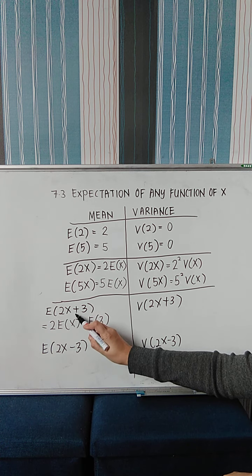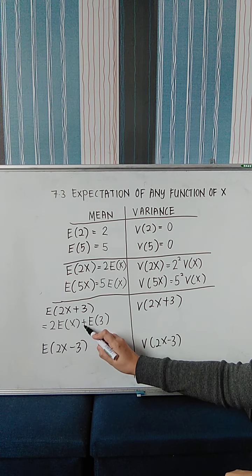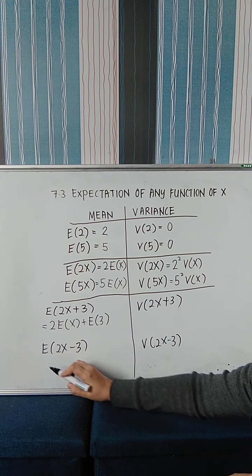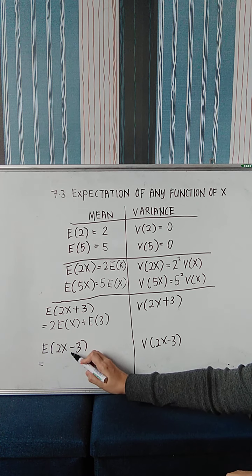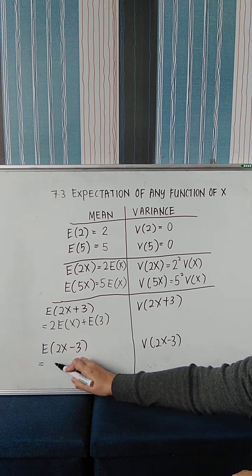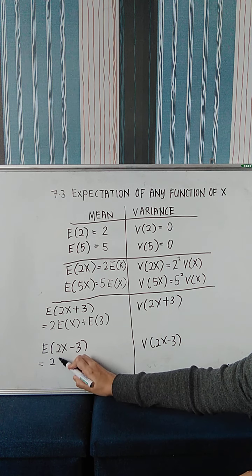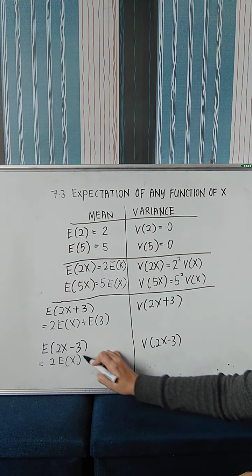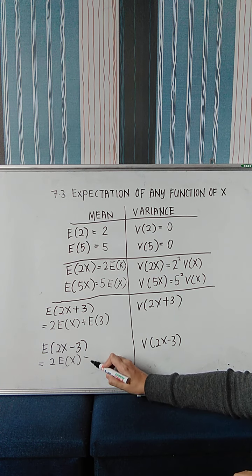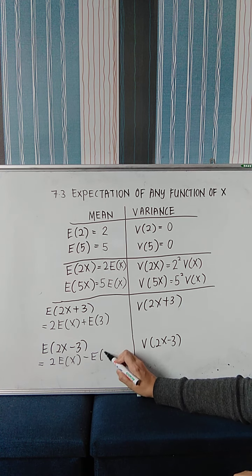This is for plus value, so the answer also plus. And if given expected 2x minus 3, it means 2 expected x minus expected 3.